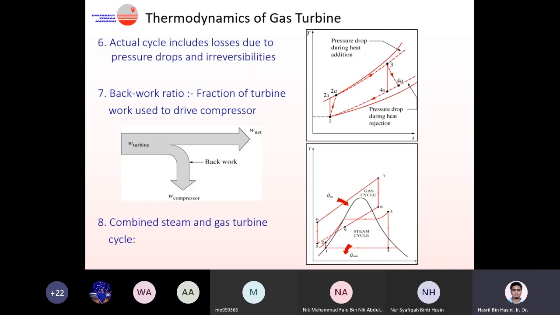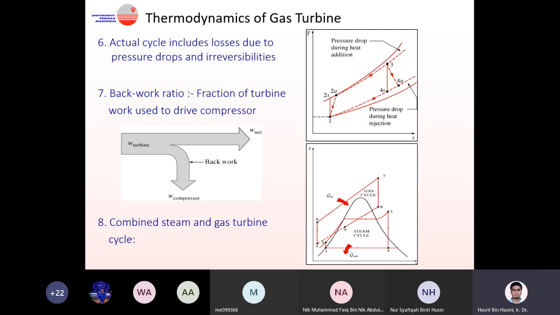All right. We refer back to the processes that we have in our Brayton cycle. Let's say this is a TS diagram, temperature against entropy. We have two pressures: one at the higher pressure, the other at the lower pressure. 1 to 2 is a compression, usually assumed to be isentropic. 2 to 3 is the heat addition process in the combustor. 3 to 4 is an expansion, usually also assumed to be isentropic.